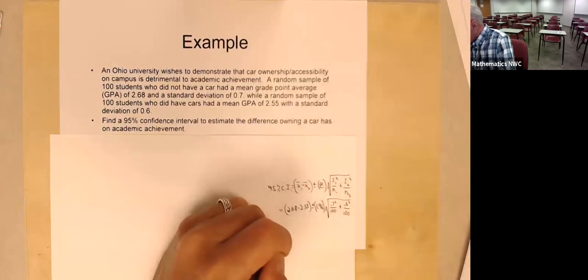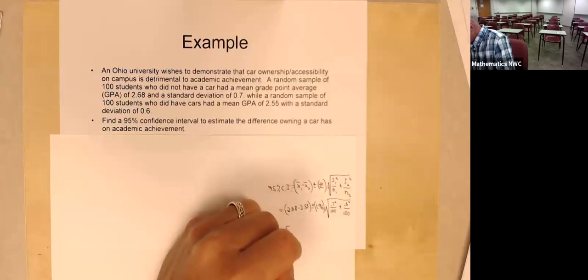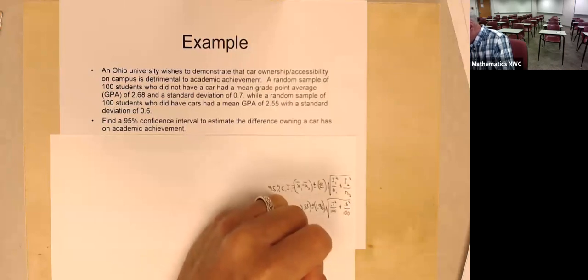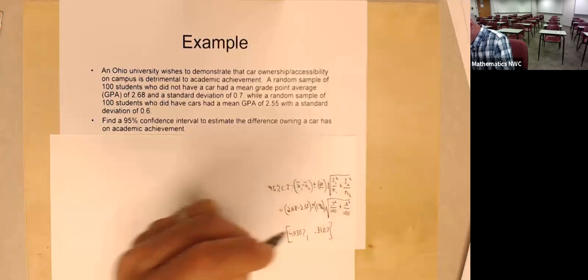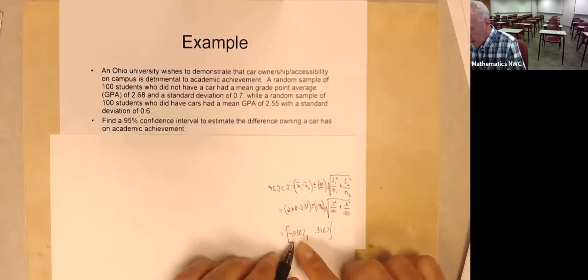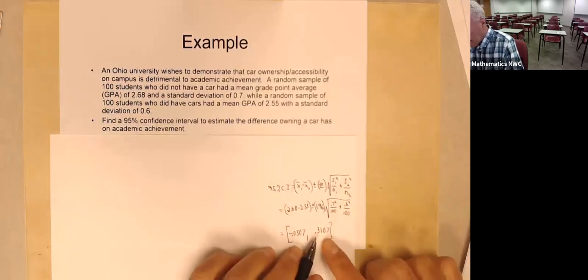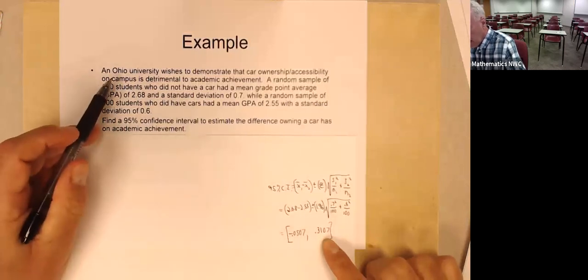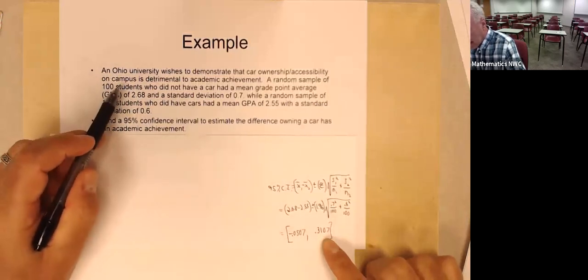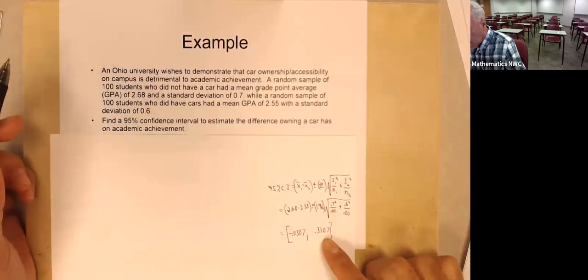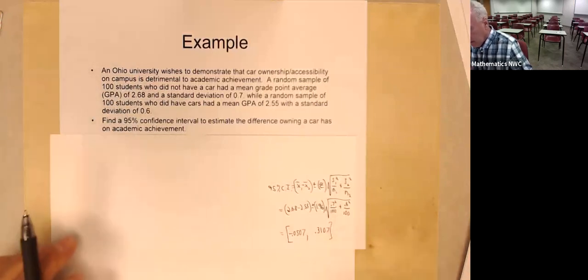Turns out this ends up being a negative 0.0507 up to a positive 0.3107. Again, notice going from negative to positive. So for this university, we don't have evidence to indicate that owning a car is detrimental, all right?